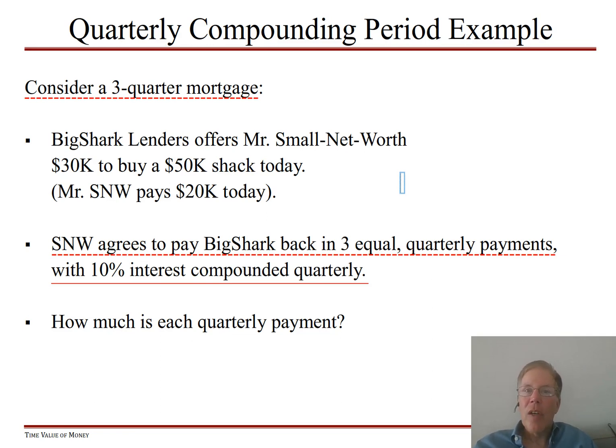So this is the type of thing that we've done a lot on an annual basis, and we're just changing our time units and our compounding units to quarters instead of years. So we could ask the question now, how much is each quarterly payment?